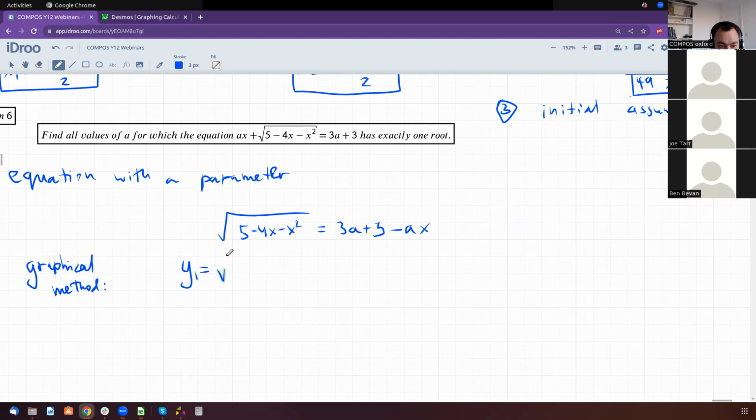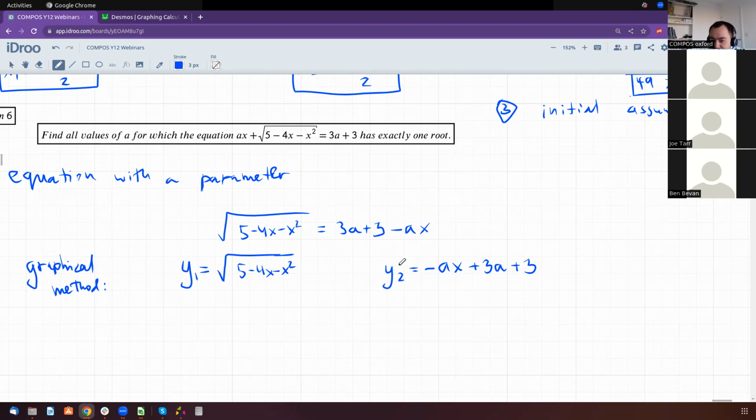y1 is equal to the square root of 5 minus 4x minus x squared. And the second one, y2, is equal to minus ax plus 3a plus 3. So this is a curve, but this is obviously a straight line.